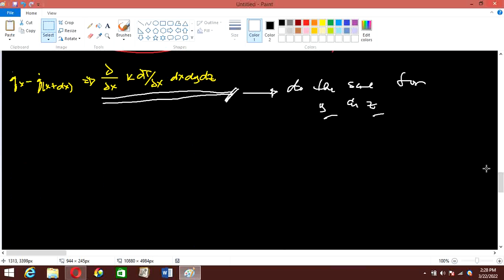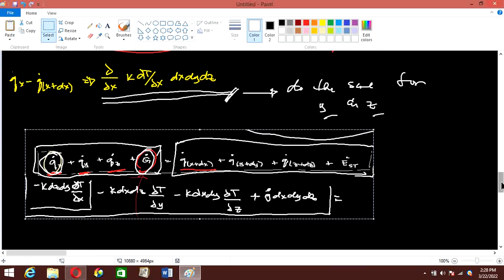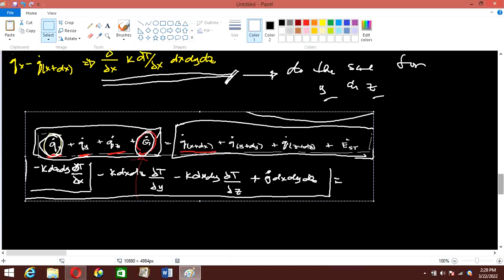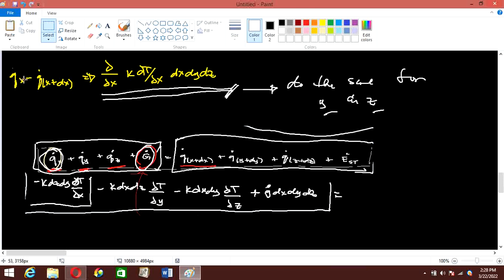So again, if we will use this expression, the entering q minus the leaving q is equal only to this expression.